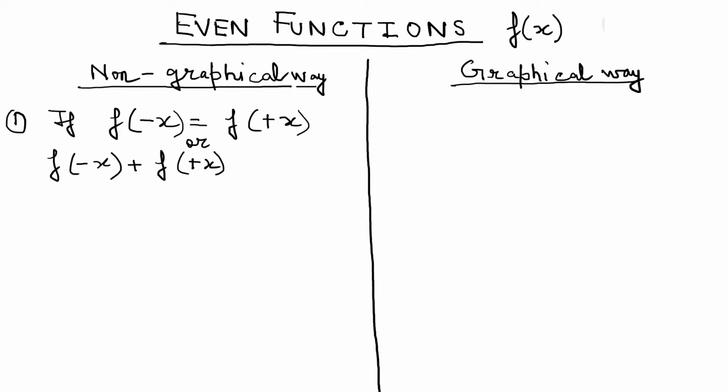When you take all negative values, you can take a zipped representation of all the negative values in terms of f of minus x, and the zipped representation of all the positive values can be taken as f of plus x. So when you add both these, and the result, which is nothing but the range, is twice the value of the original function, then the original function f of x is an even function.